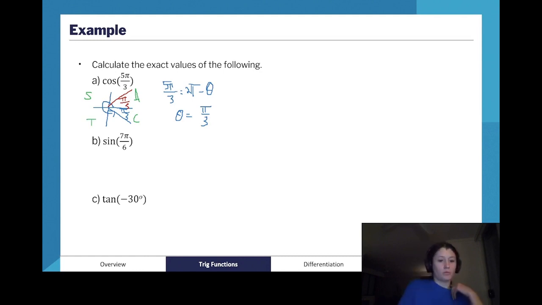So we know that the cos of 5 pi on 3 is going to be positive because it's in that positive C quadrant. And we know that it is going to be equal to the cos of pi over 3. So let's find the cos of pi on 3.